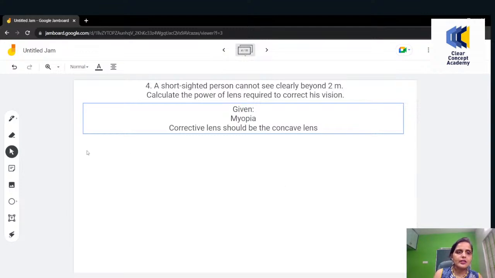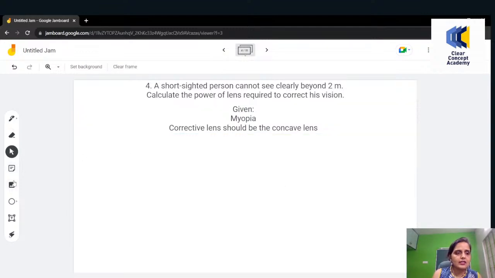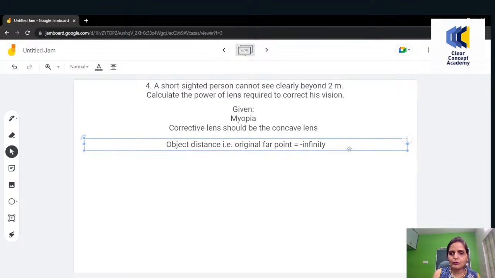So in this case, we say that the object distance is nothing but the original far point, which is nothing but minus infinity.